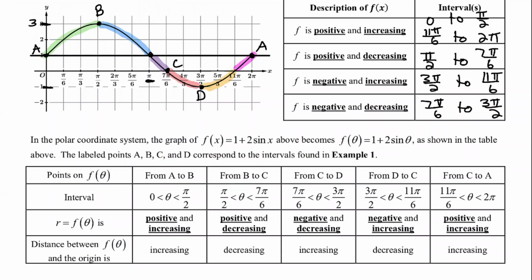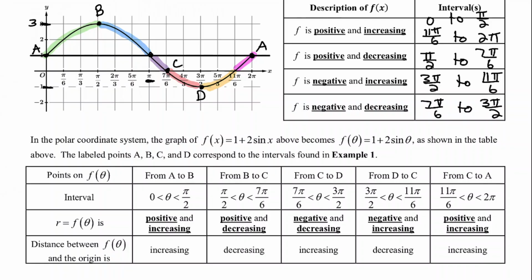So again, down here, they also give you a little table to show you, from A to B, from B to C, from C to D, and then from C to A, all the different steps. They tell you when they're positive or negative, and then increasing or decreasing.